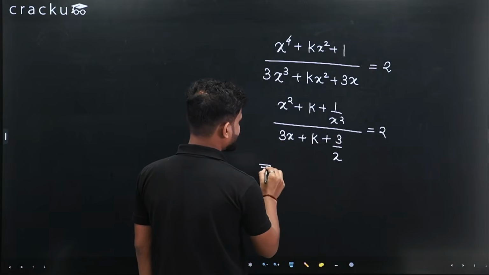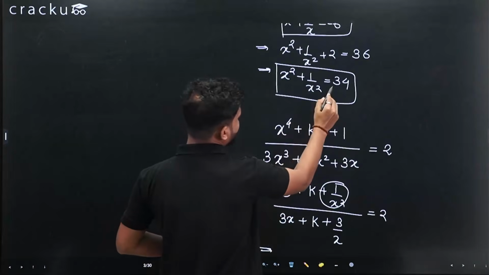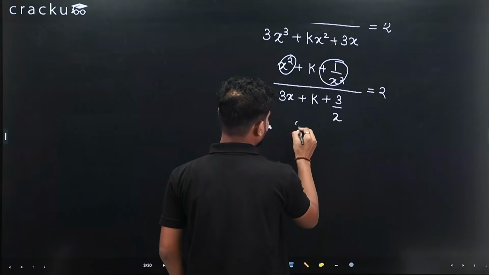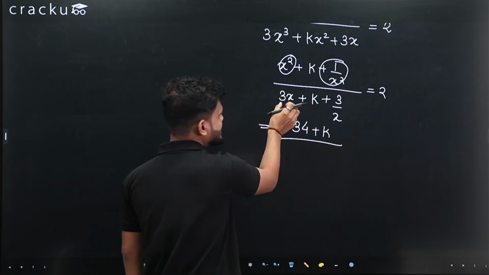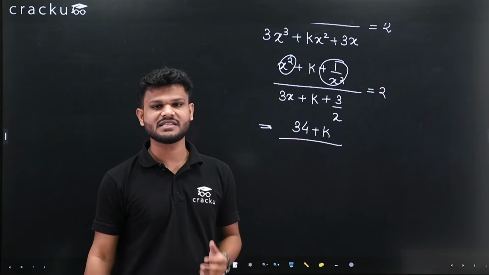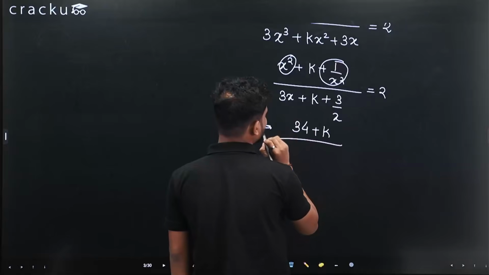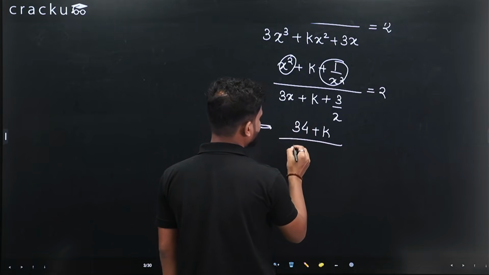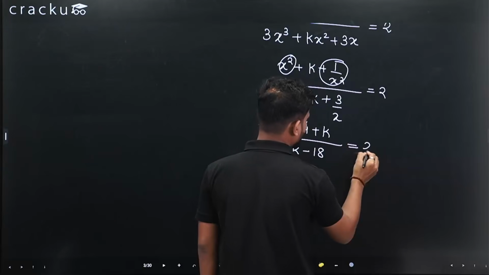Now you can say this is nothing but x square plus 1 by x square. What is it? It is 34. So this will become 34 plus k. Now this is 3x plus 3 upon x, which is nothing but 3 into x plus 1 by x, and x plus 1 by x is minus 6. Minus 6 into 3 will be minus 18. So k minus 18 is equal to 2.